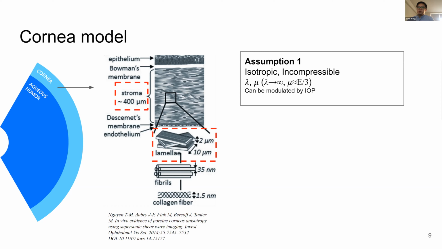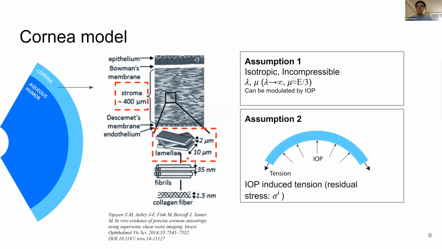Although on the subscale level, we know that the stroma consists of hundreds of layers of lamella with fibrils oriented in different directions, which could be the source of the anisotropy, to keep it simple for the start, we use the isotropic model first, and we will see if it will be sufficient to describe the dynamic behavior of the cornea.